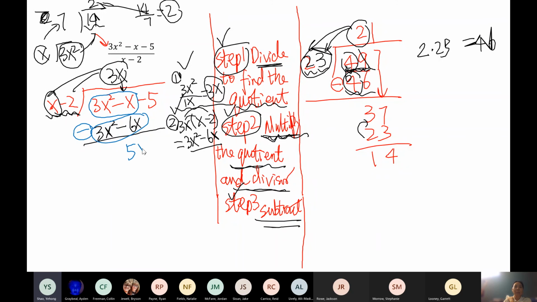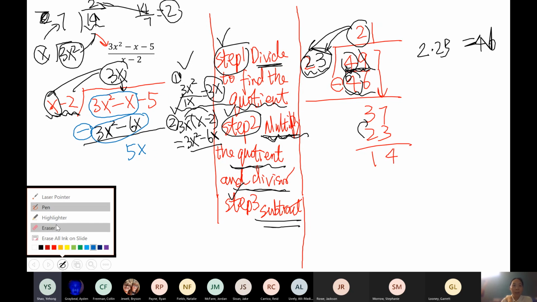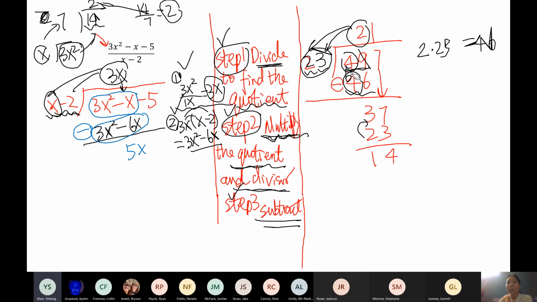So that's why I mentioned before, with the variables, with the polynomials, you gotta be very careful. Why? Because you have many minus signs already. With the numbers, let me clear here a little bit so you can see better.